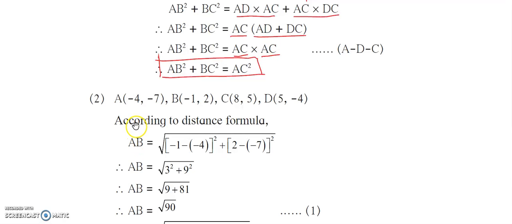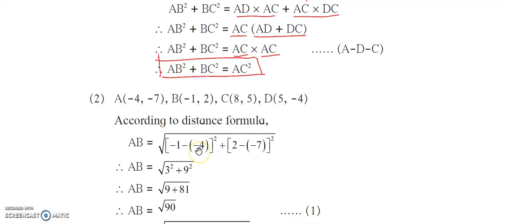Now according to the distance formula, AB is equal to the square root of (-1 minus (-4)) squared plus (y2 minus y1) squared. Write the minus sign in brackets.